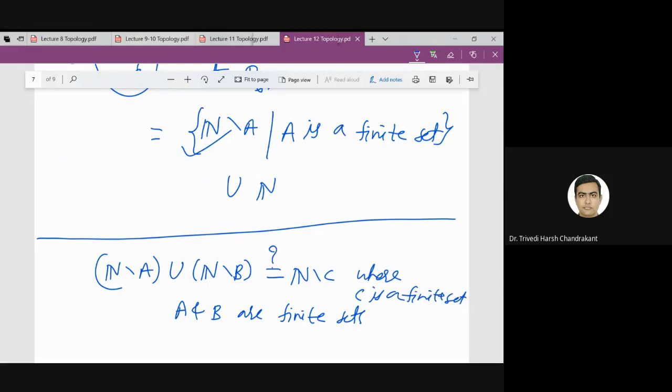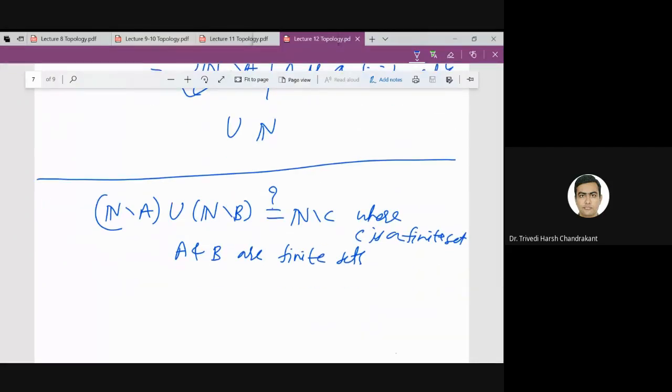We can verify simply also. N minus {1, 2} union N minus {1, 3, 5}.